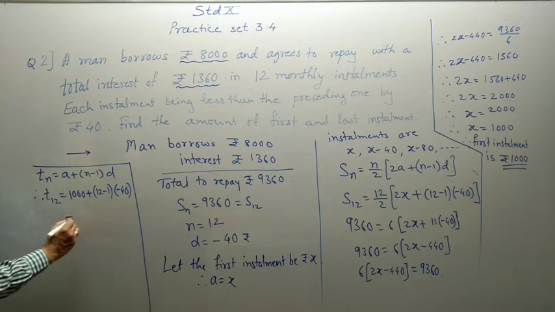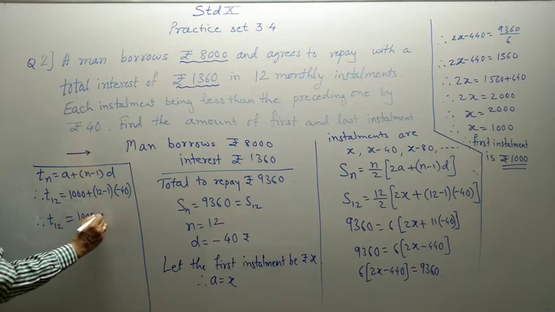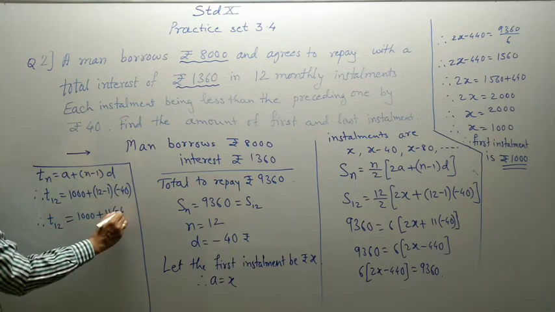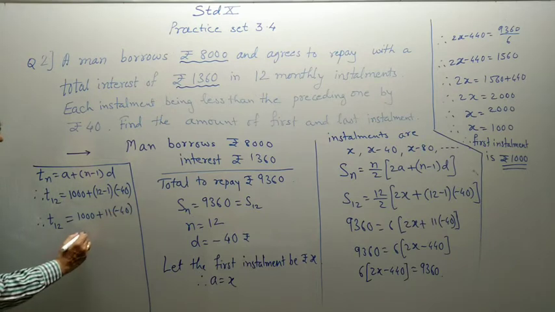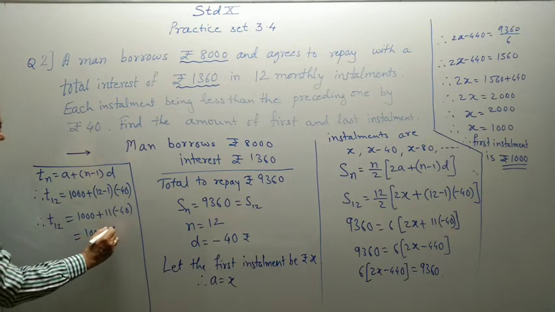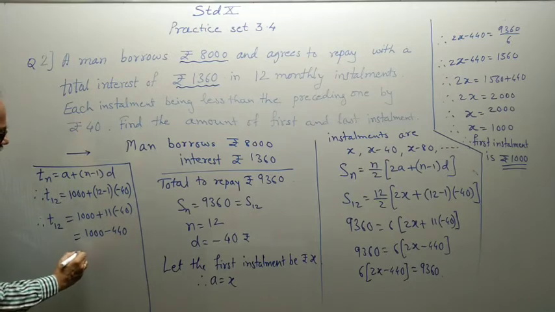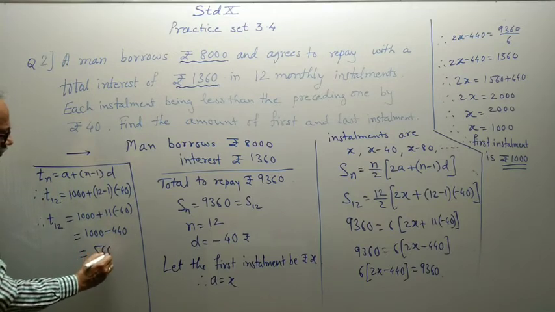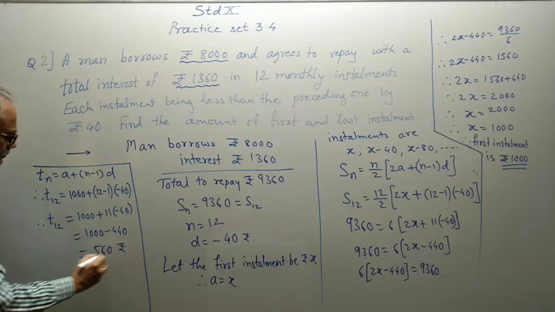As he is paying 40 rupees less every time, in the last installment he has to pay very less amount. 11 into minus 40, 440 less. If we subtract it, you will get 560 rupees.